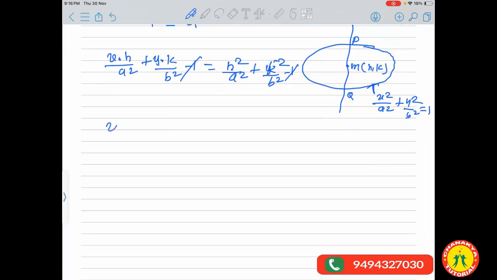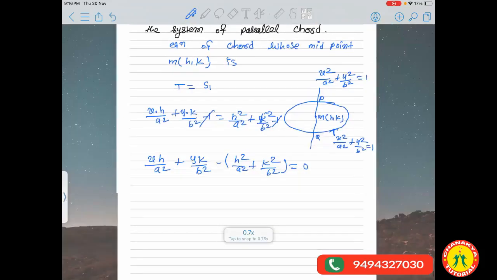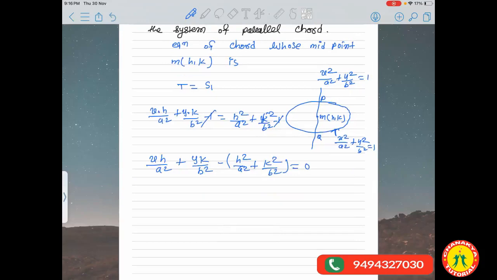Now x h by a square plus y k by b square minus h square by a square plus k square by b square equal to 0. Got it? So now this is basically a line equation, right? So can you find the slope?